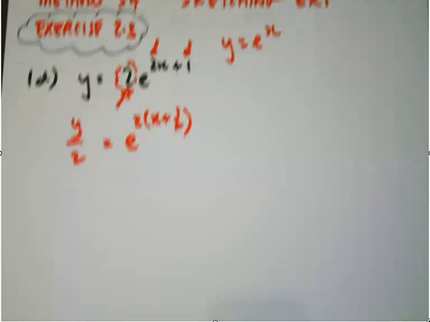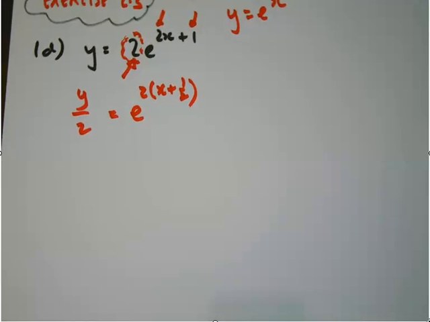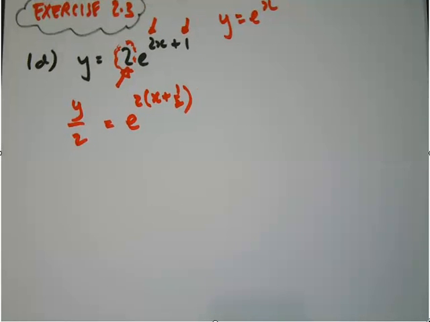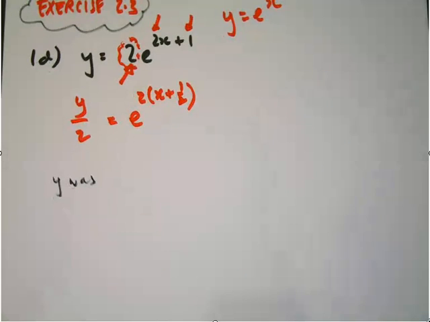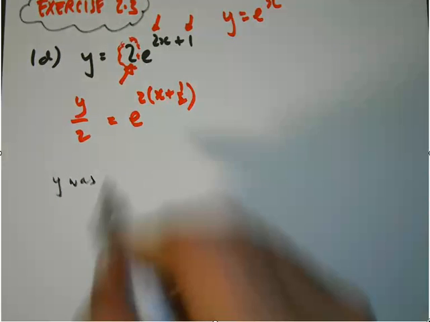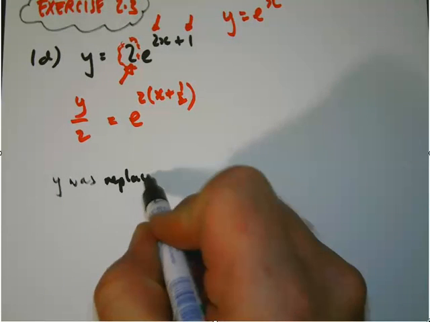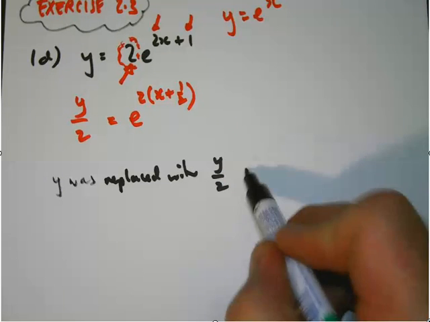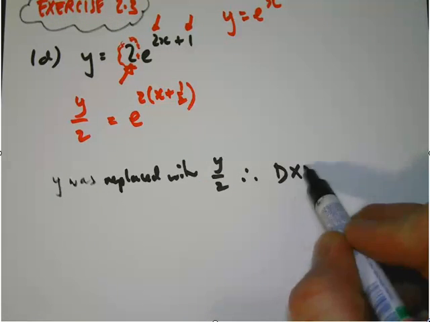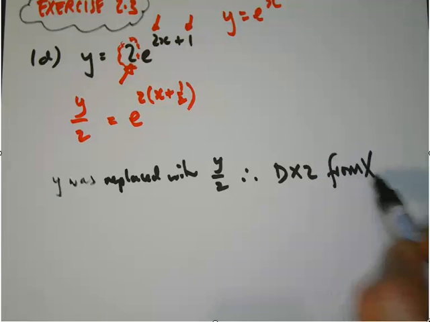Now I'm going to use my replacing language to come up with the transformations. On the left hand side, y was replaced with y on 2, therefore that's a dilation by a factor of 2 from the x-axis.